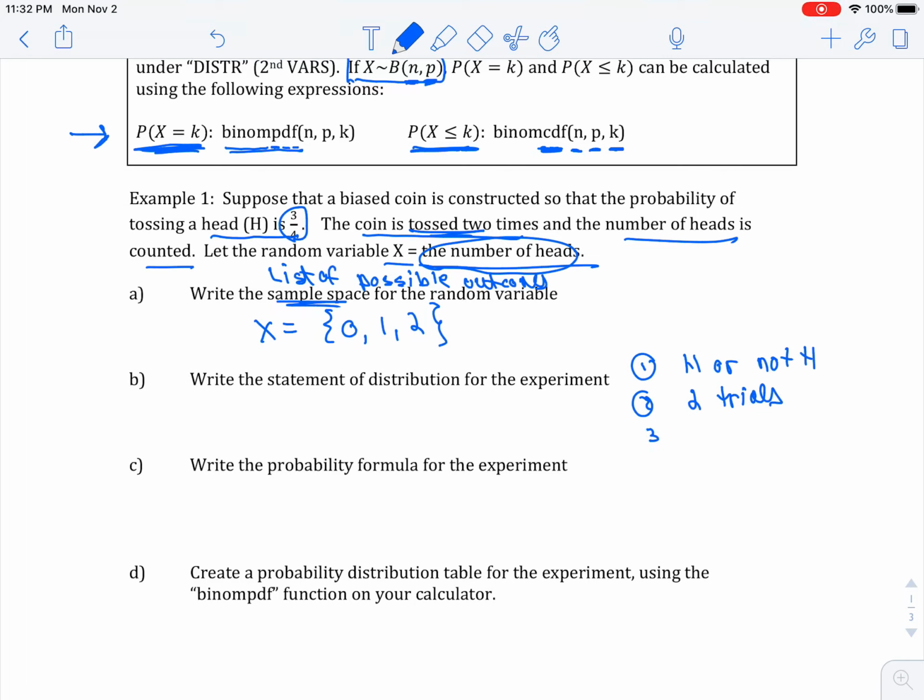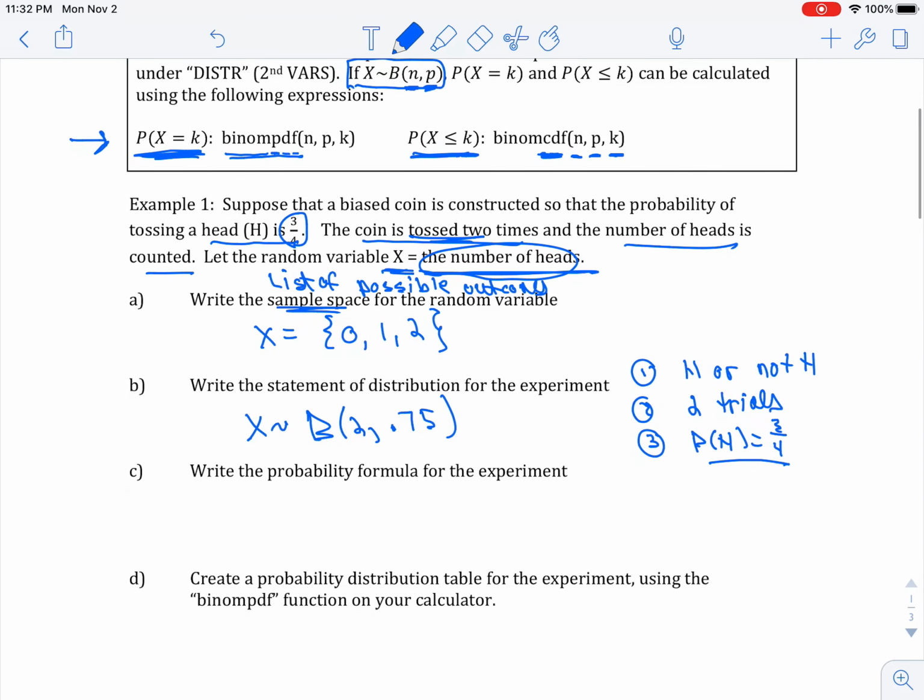And the probability of success stays the same. The probability of getting a head is 3/4. Okay? And then we defined our random variable x to be the number of heads, the number of successes. So this is a binomial distribution, so we can say that x follows a binomial distribution with 2 trials and probability of success 0.75, or 3/4.